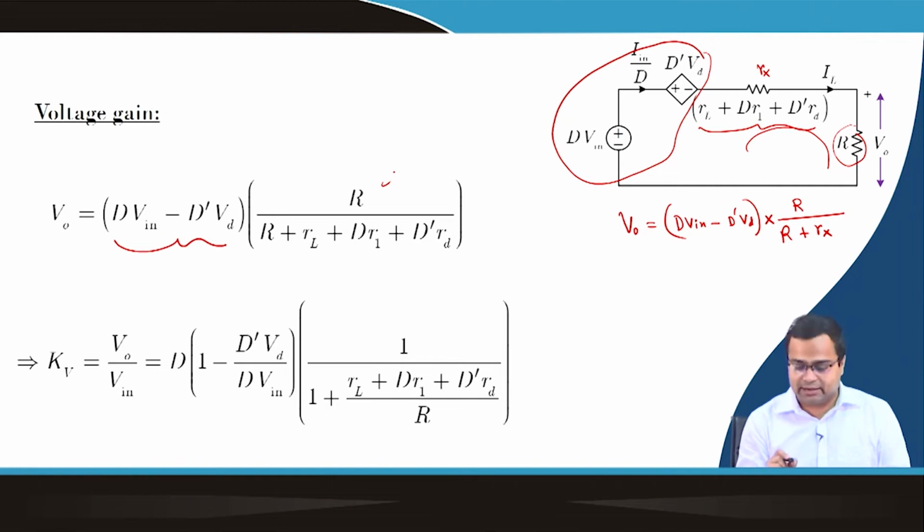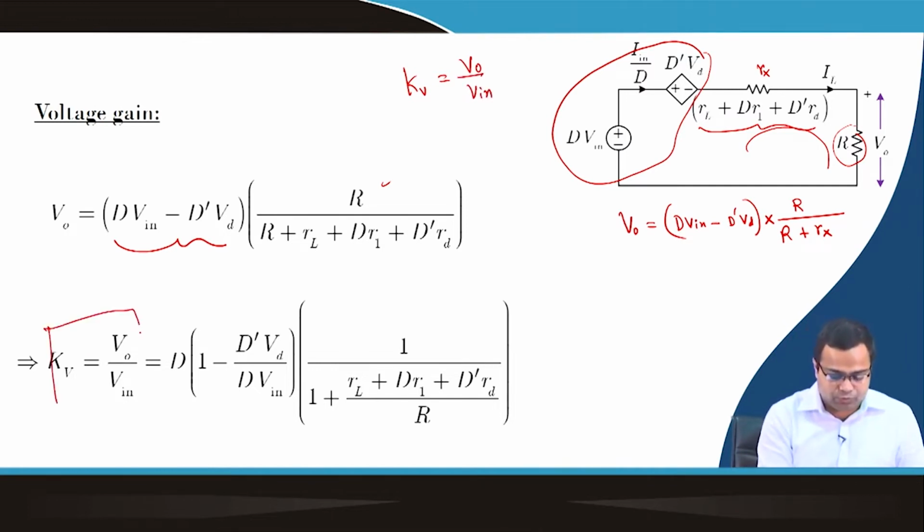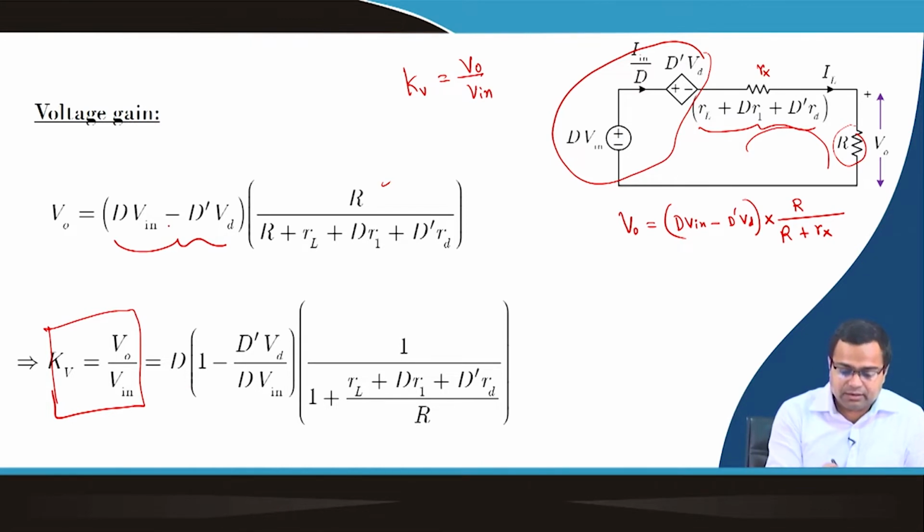Then what is the voltage gain? We know the voltage gain of any DC-DC converter is the output voltage by the input voltage, right. If you take V in out of this particular term, what will you get? First of all, you take D into V in at the beginning.